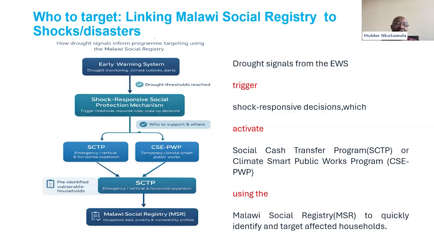So we're talking about the ultra poor in the communities. In Malawi, the number of beneficiaries is about 10% of the population of the district council. All the beneficiaries are registered in the Malawi Social Registry.